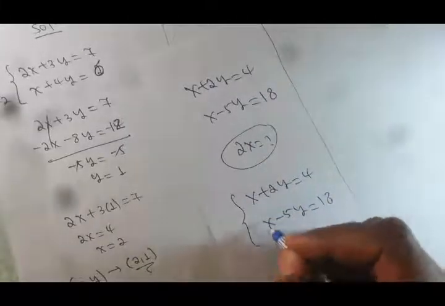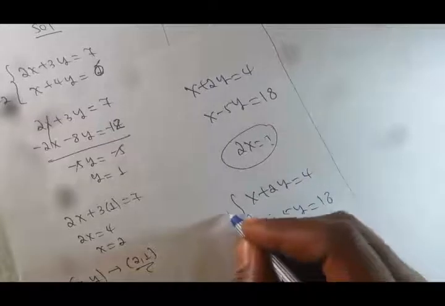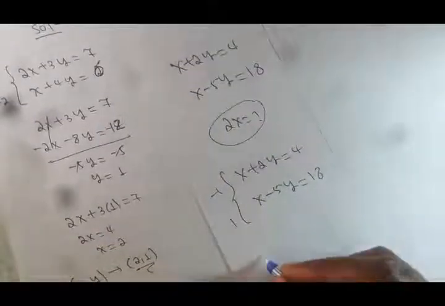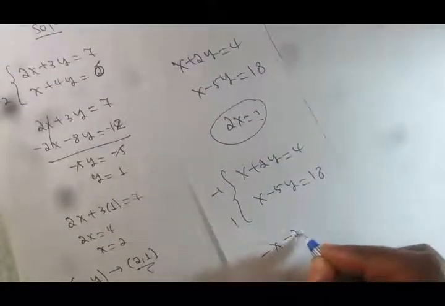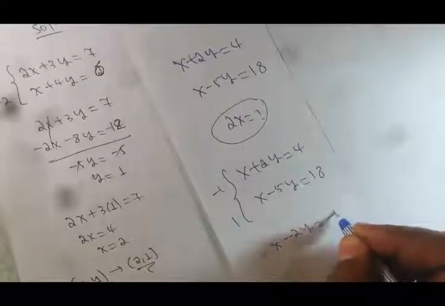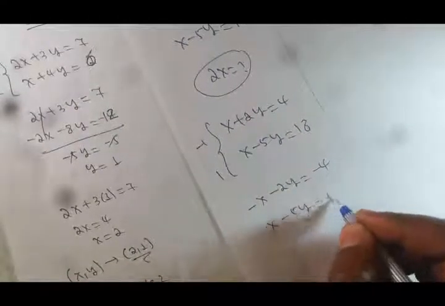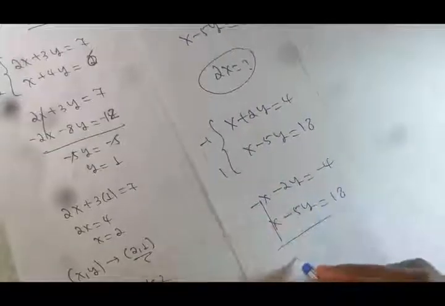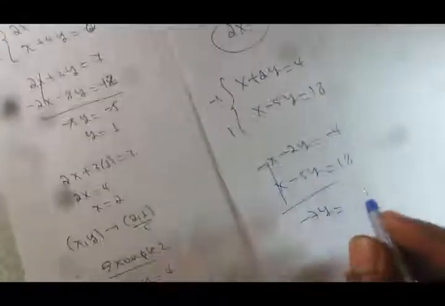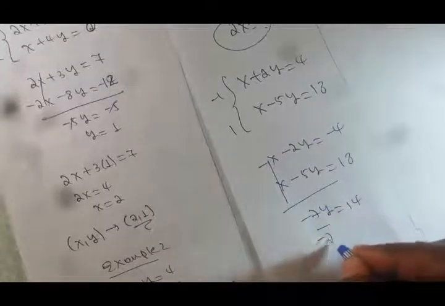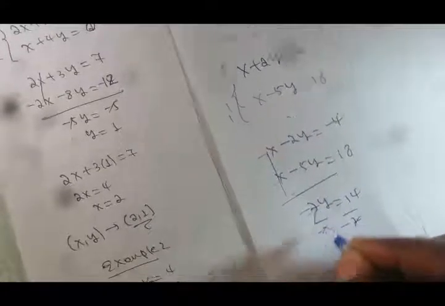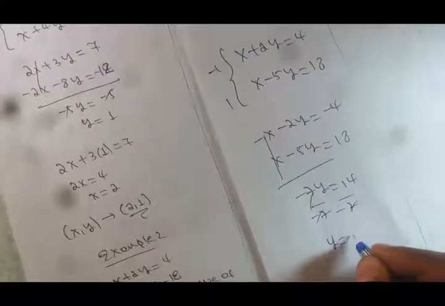So we have to multiply the negative of this coefficient by minus 1, the positive of this number by 1. Minus x minus 2y is equal to minus 4, and x minus 5y is equal to 18. Therefore, this will be cancelled, and minus 7y is equal to 14, divided by minus 7 over minus 7. Therefore, the value of y is minus 2.